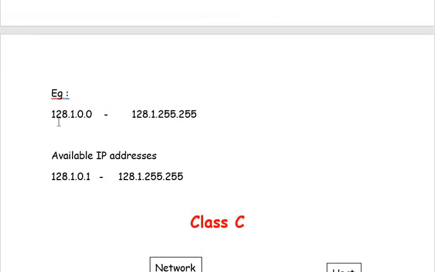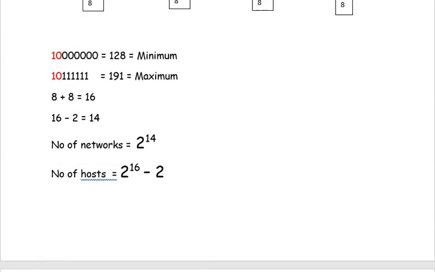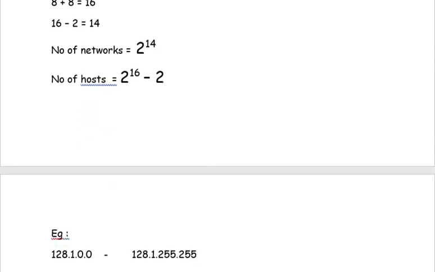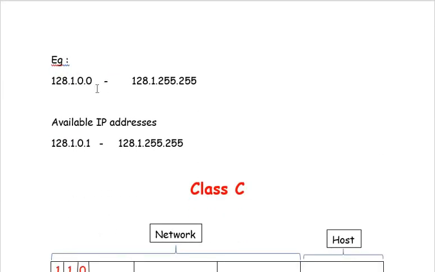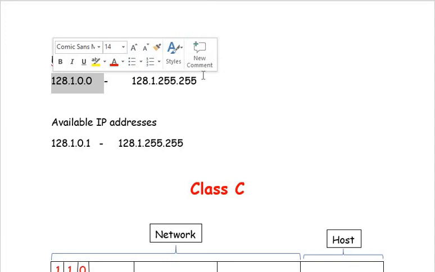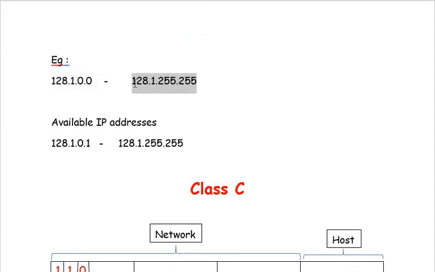Example: 128. 128 is a number in the middle of 128 and 191. So this is the very first IP address, called the network ID. This is the broadcast address.